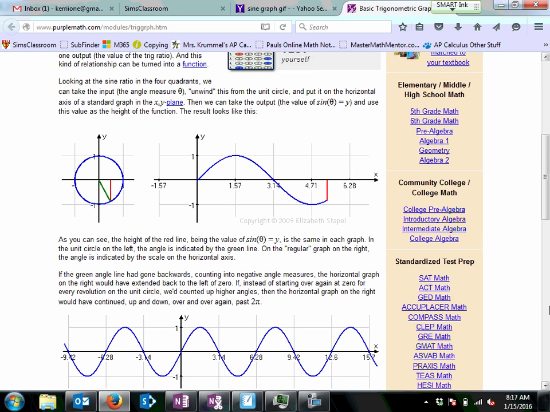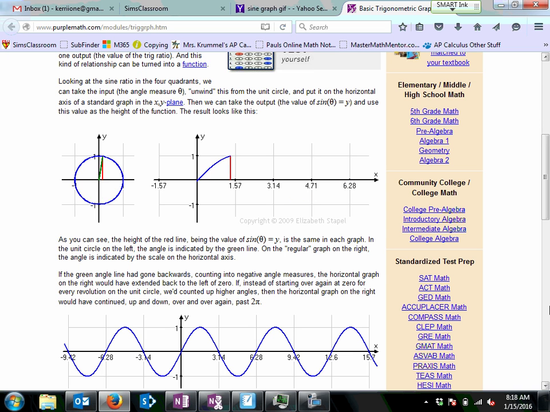At 0 radians, we're at 0. At pi over 2 radians, we're at 1. At pi, we're at 0. At 3 pi over 2, we hit -1. And at 2 pi, sine is 0. Anytime I've asked you to evaluate sine of pi over 3, sine of 7 pi over 6, whatever, all of those values are there in that graph.